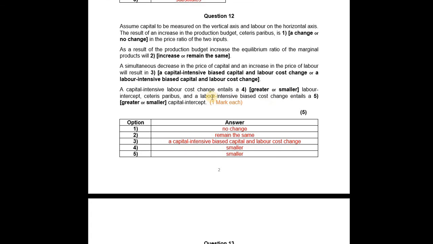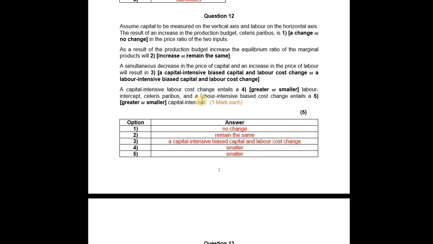So the intercept will decrease, will be small, and then the intercept of capital alternatively will be higher, because if you were using maybe 12 units, now because there was a decrease in price of capital, from 12 you move to maybe 18, while from labor you move from 30 to 15. You see that change, the intercept change in this case when we say production is capital intensive.